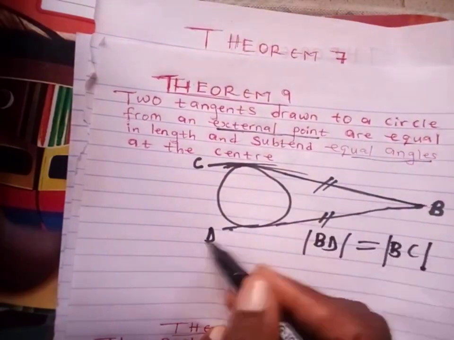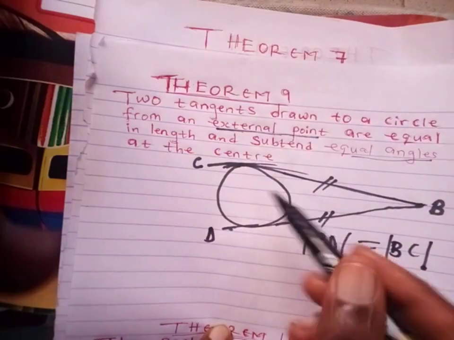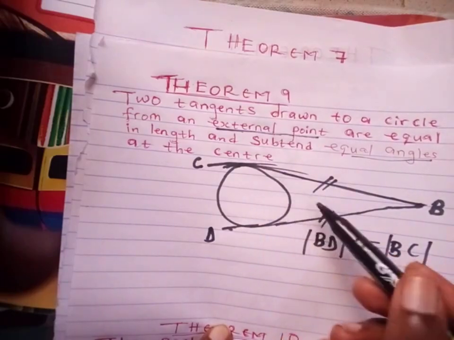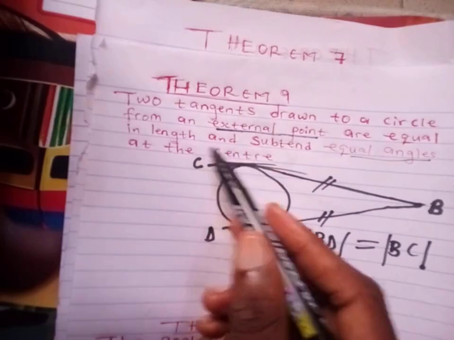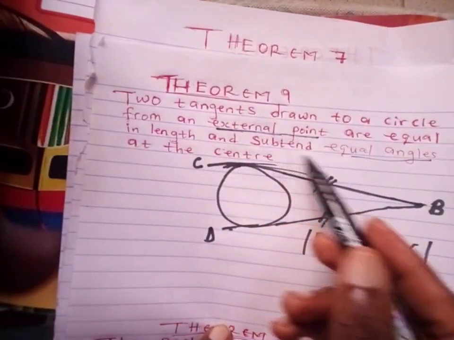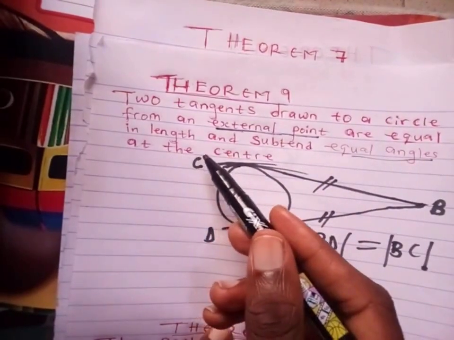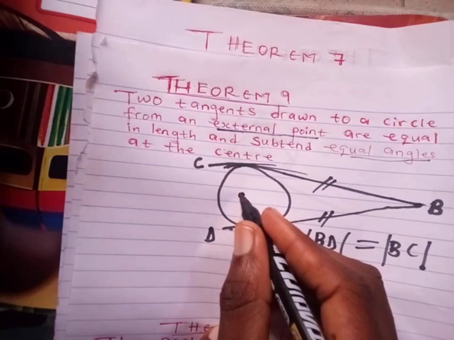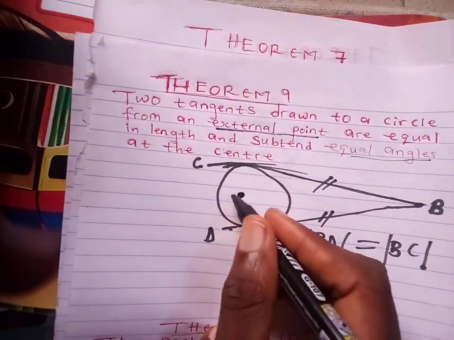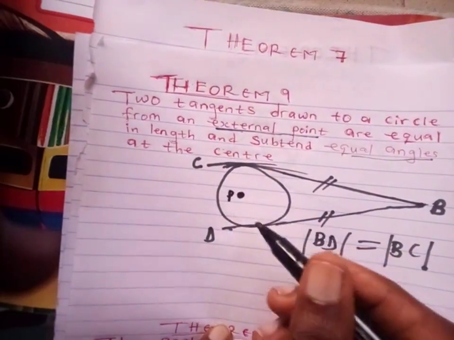So two tangents drawn to a circle from an external point are equal in length and subtend equal angles at the center. It's very important. Now, if I take here to be the center of this very circle, let me label the center to be P. All right.